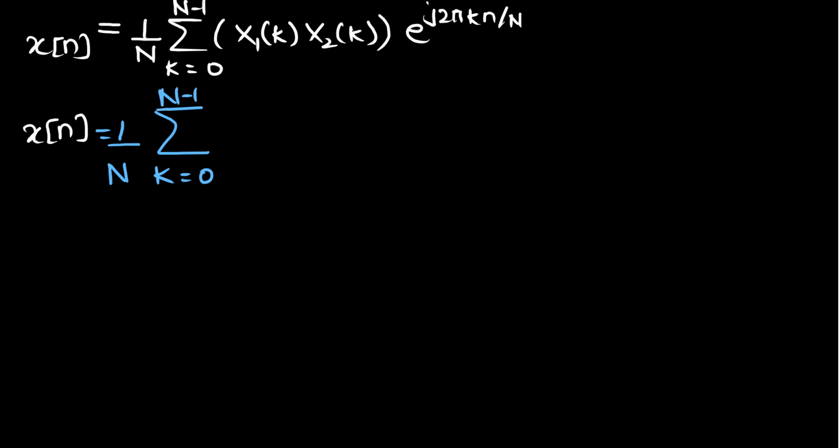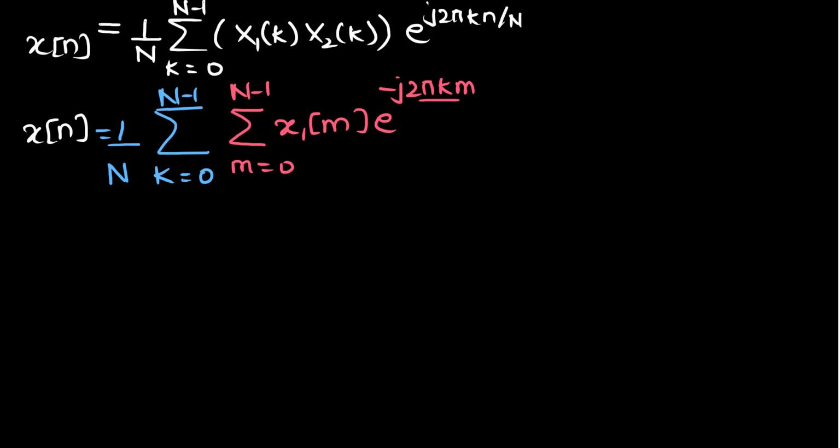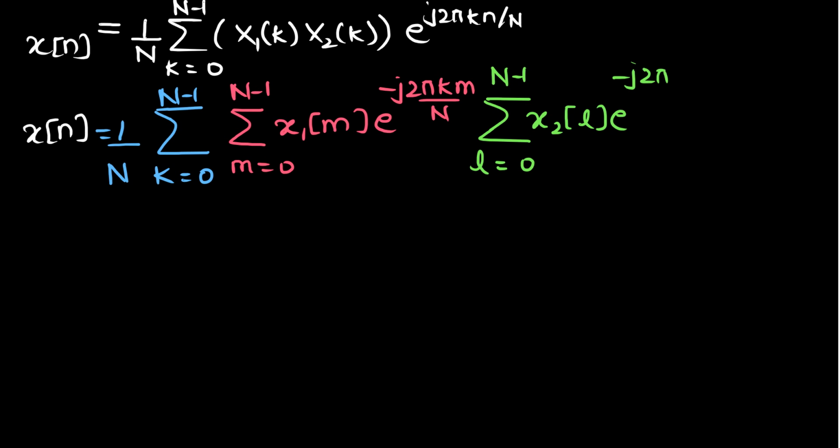This X1 of k can be given as summation m running from 0 to N minus 1 x1 of m into e to the power minus j 2 pi km by N. Similarly, this X2 of k can be given as summation l running from 0 to N minus 1 x2 of l into e to the power minus j 2 pi kl by N, multiplied by this factor e to the power j 2 pi kn by capital N.